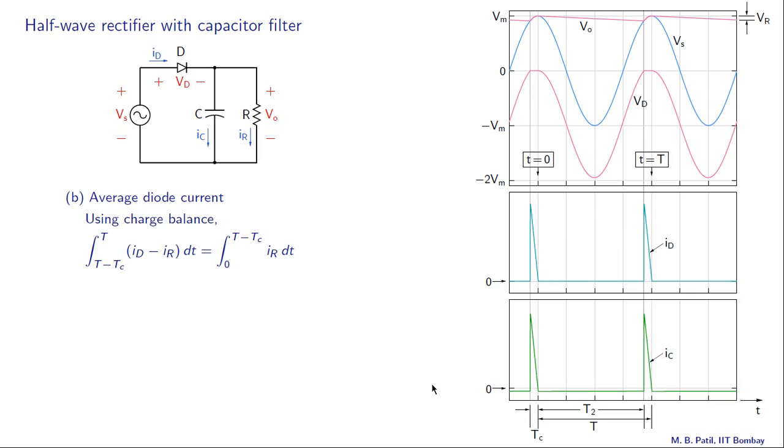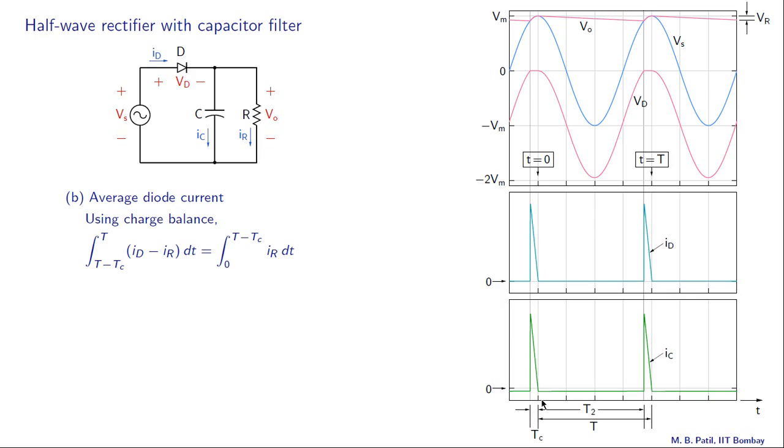What is T minus Tc? This is our 0. This is our T, this point. T minus Tc is this point right here. Okay, so T minus Tc to T is basically this interval marked here. What about 0 to T minus Tc? This is our 0 and 0 to T minus Tc.